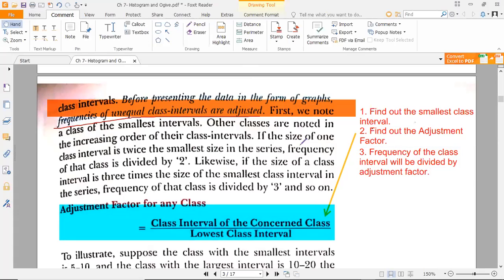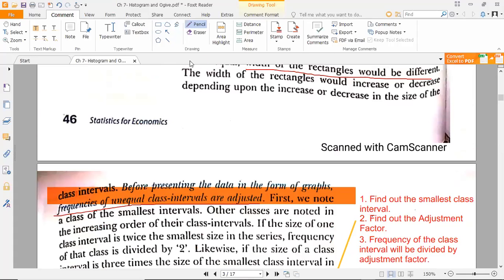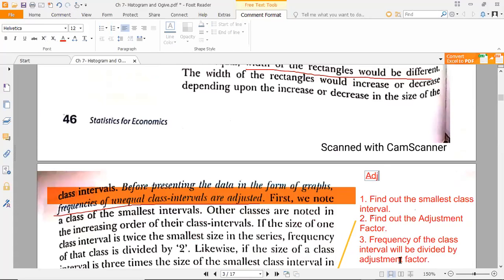After finding out the adjustment factor, you will be finding out the adjusted frequency. So this is the step we have done: we have just adjusted the frequencies. This can be written as adjustment of frequencies.